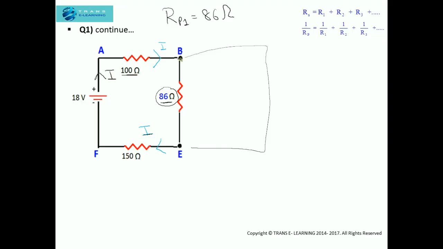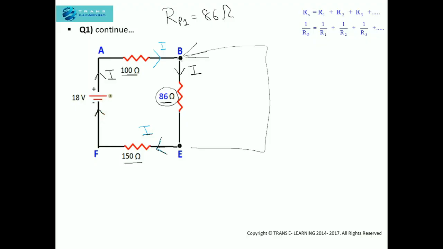At this point B there is no junction, because no current is getting divided like it was earlier. So the same current will flow through this wire, and it will flow through the 86 ohm resistor and reach the point E, and from point E the same current will flow through the 150 ohm resistor and reach the negative terminal of the battery.